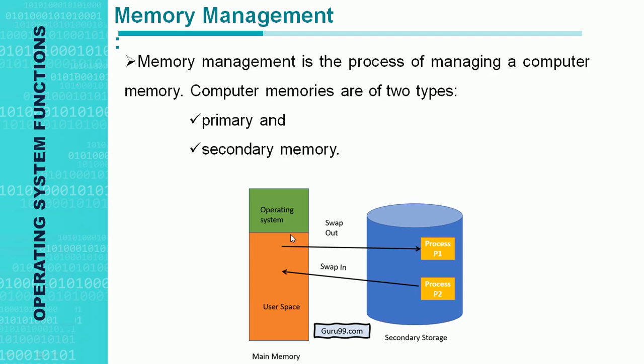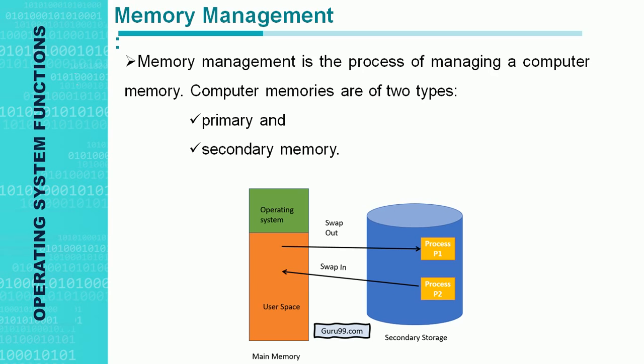If the RAM gets filled, process P1 can be swapped out to the secondary memory. After the RAM is freed, process P2 is swapped into RAM. This is the process going on between the main memory and secondary memory.